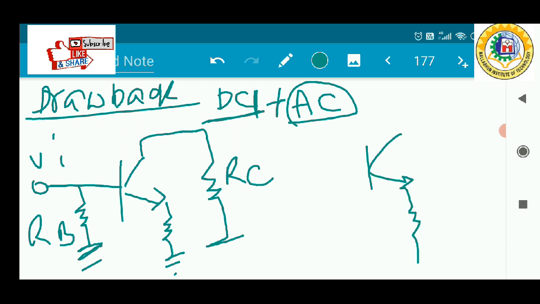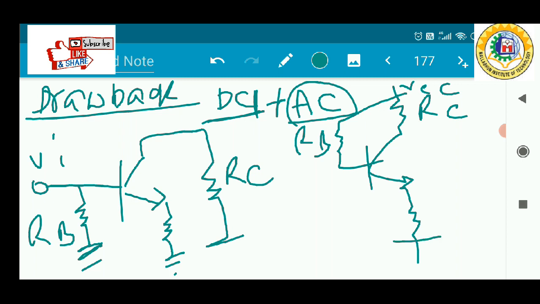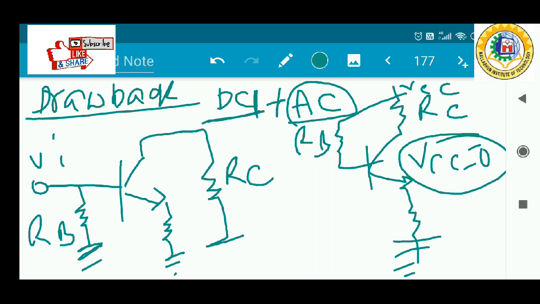This is your original circuit, this is your VCC, sorry, this is your RC, and this is your RB. So just make this VCC equal to 0, then you get the AC equivalent of this circuit, and the AC equivalent looks something like this.